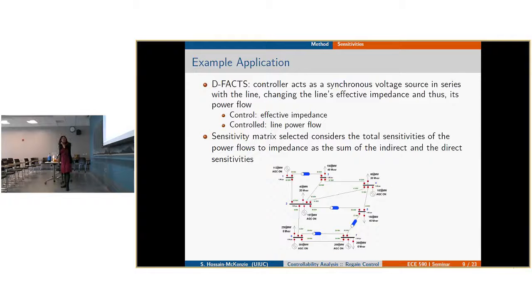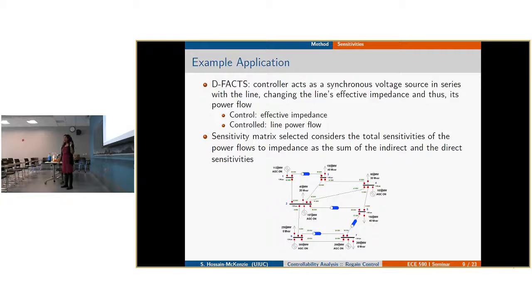And then for our case, to aid in my explanation here, I'm going to use an example of DFACTS controllers, where these controllers act as a synchronous voltage source in series with the line, changing the line's effective impedance and thus its power flow. And so in this case, the control is the effective impedance, and the controlled quantity is the line power flow.